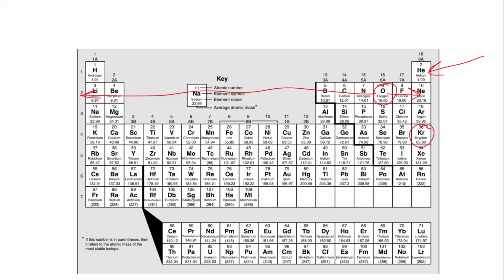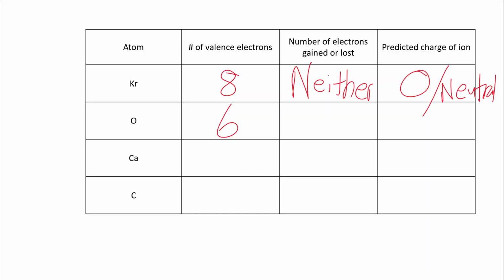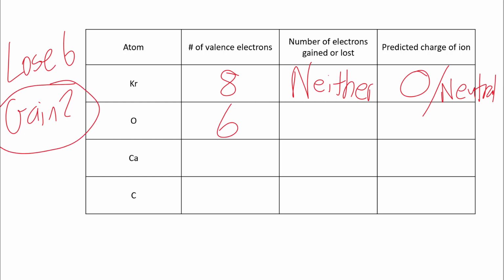So you have to ask yourself, is losing 6 electrons more likely to happen, or is gaining 2 more likely to happen? I hope you can understand that thermodynamically, when there's no brain involved, gaining 2 is more likely to occur. So oxygen gains 2 electrons, and it's going to become negative 2.